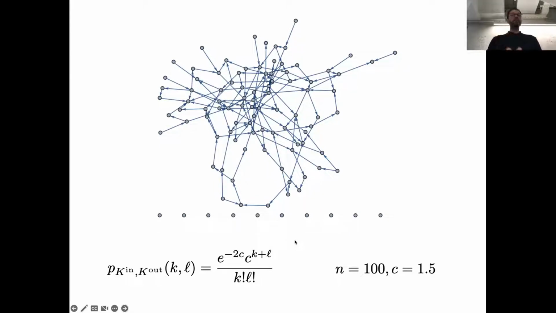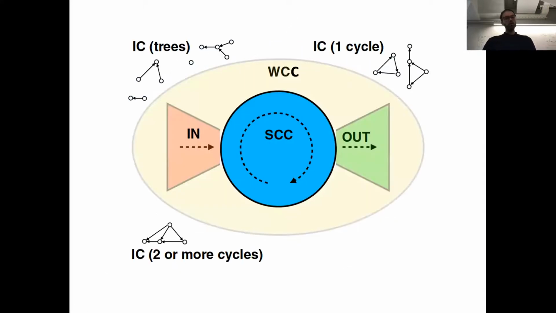These directed graphs have interesting topological properties. There is the so-called bow tie diagram, a topological characterization of the structure of directed graphs. And it's a bow tie because it really looks like a bow tie.